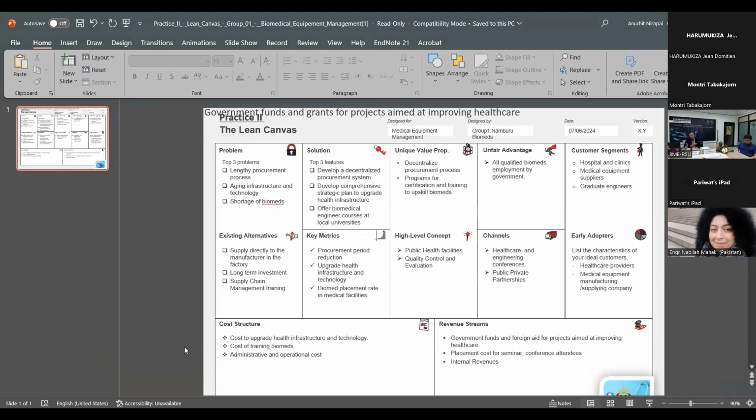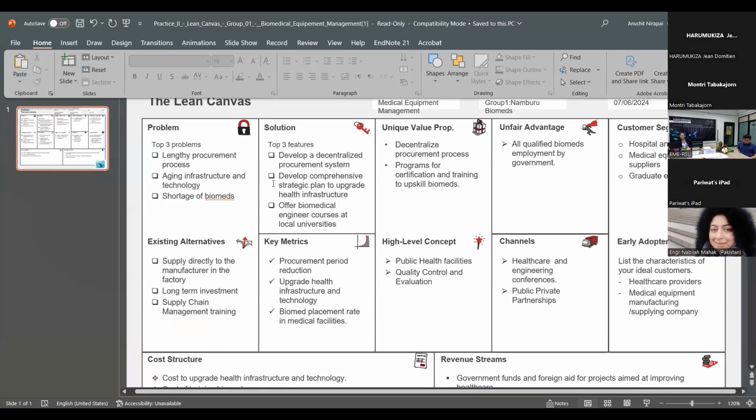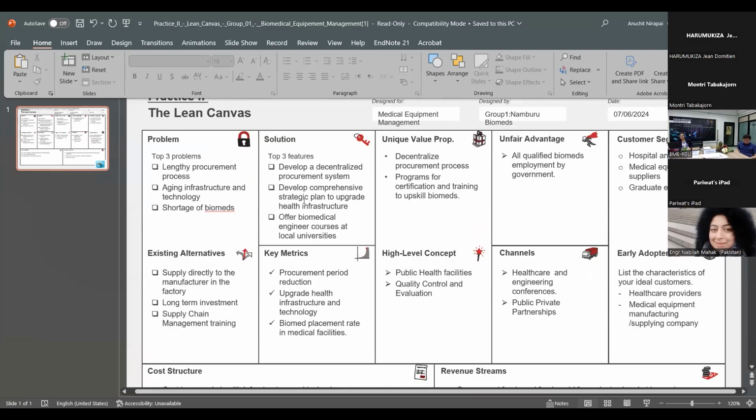Okay, it is about medical equipment management. We tried to focus on three problems. The first was a long procurement process, the second was infrastructure that is old and lacks modern technology, and the third was a shortage of biomedical engineers during the procurement process.